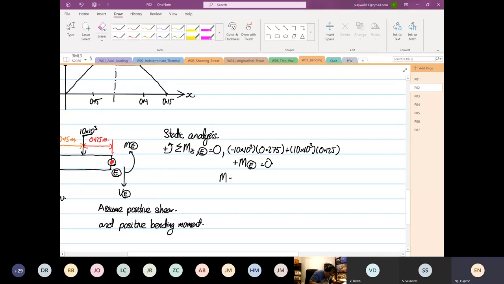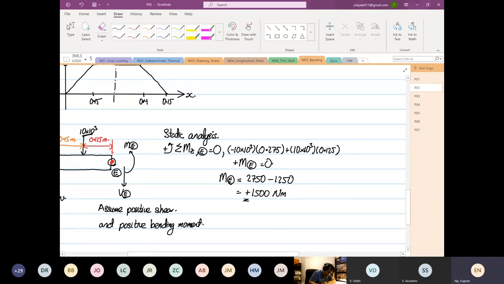So the moment at point E is equal to 10 power 3 times 275, which is 2750, minus 10 power 3 times 125, which is 1250. So the moment at point E, 2750 minus 1250, is equal to 1500. So positive 1500 Newton meter.